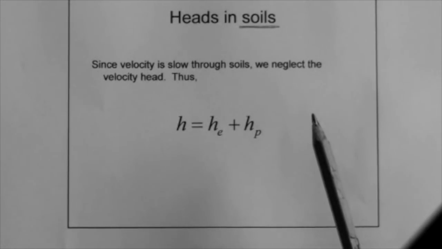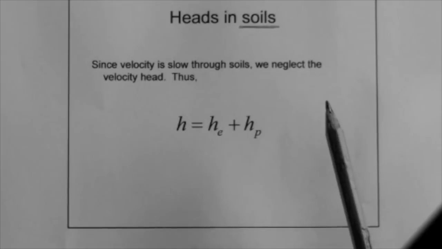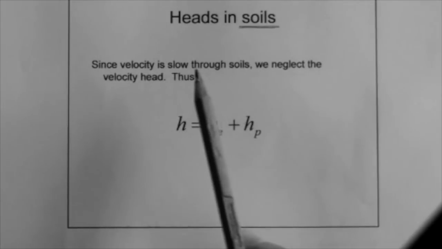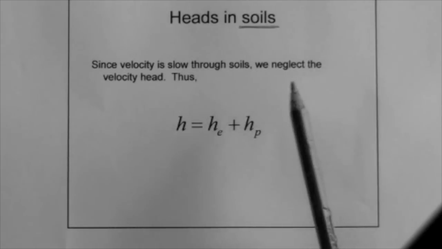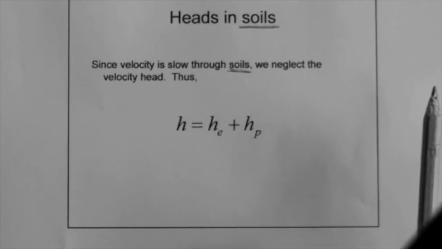Now, in the case of civil engineering and geotechnical engineering within civil engineering, it is often the case that the flow that we're concerned with is the flow of water, and water flows very slowly through soil. Okay?